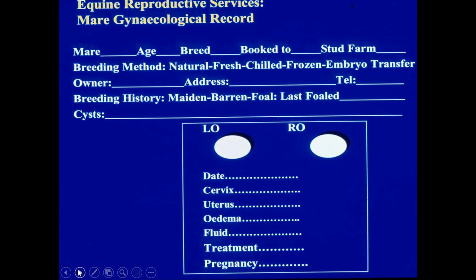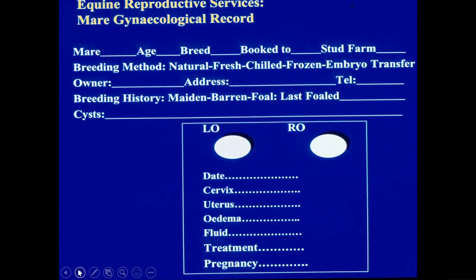Now, some people choose to do this on an iPad, electronically or whatever, and fair enough, you can do that. We're perhaps a little bit old-fashioned in our practice. We use a printed out piece of paper in a ring binder, depending on the size of the stud farm, and we have that information to hand when we examine the mare.